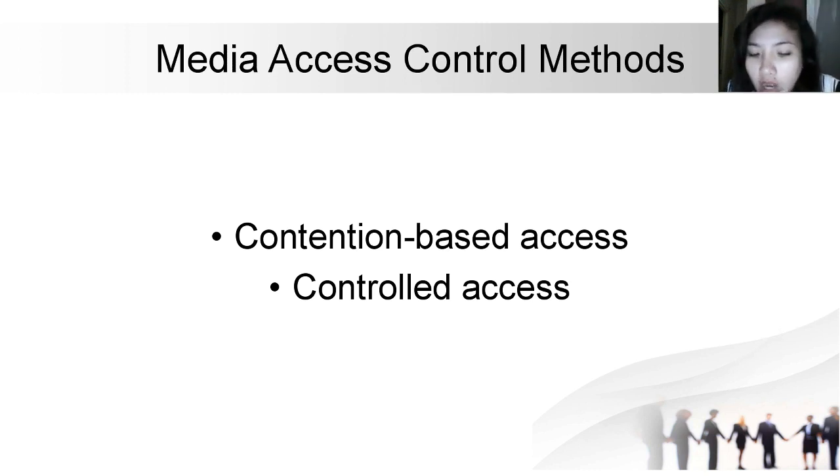Contention-based access. All nodes operating in half-duplex compete for the use of the medium, but only one device can send at a time. However, there is a process if more than one device transmits at the same time. Ethernet LANs using hubs and WLANs are examples of this type of access control.